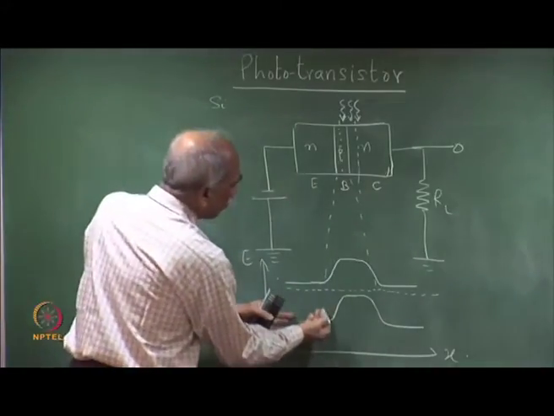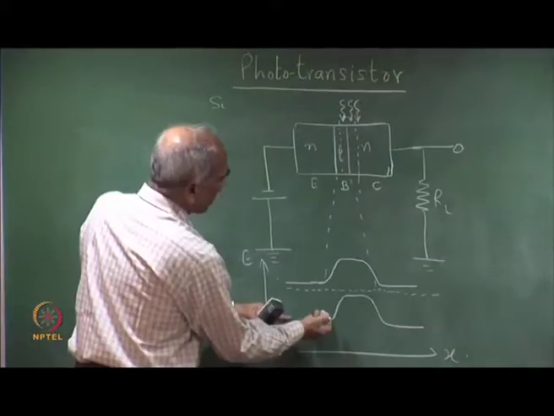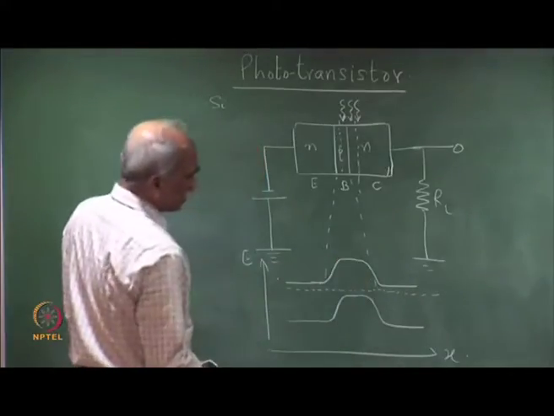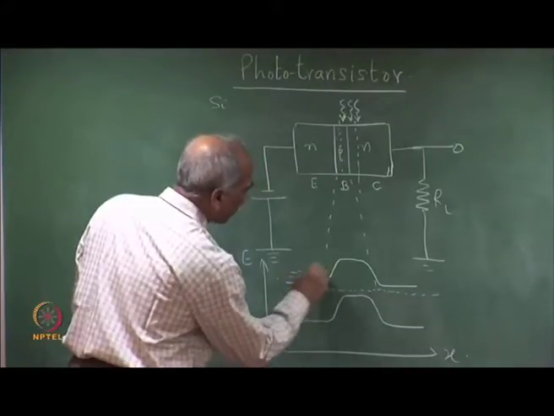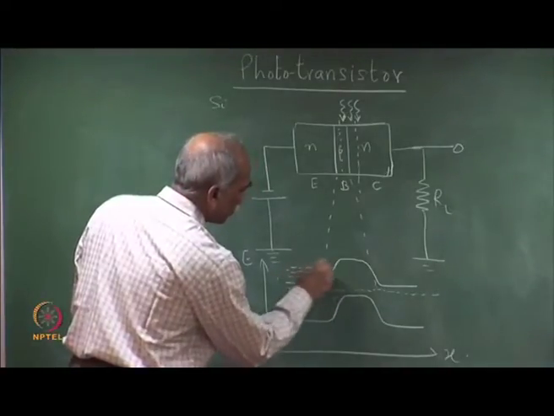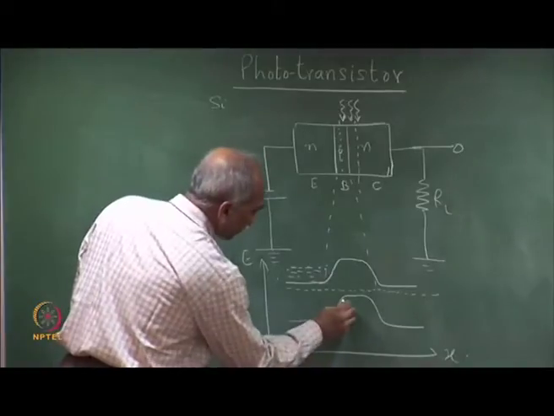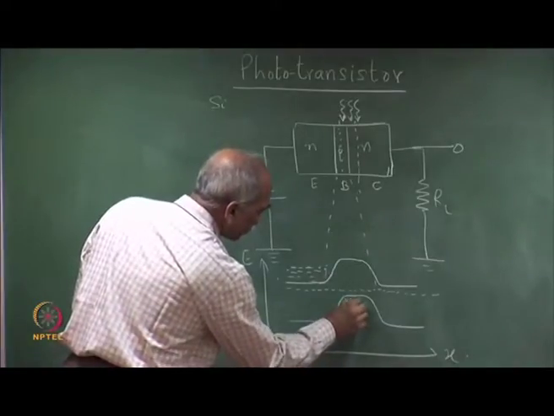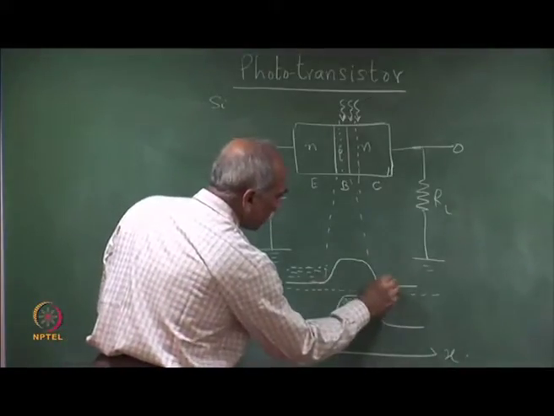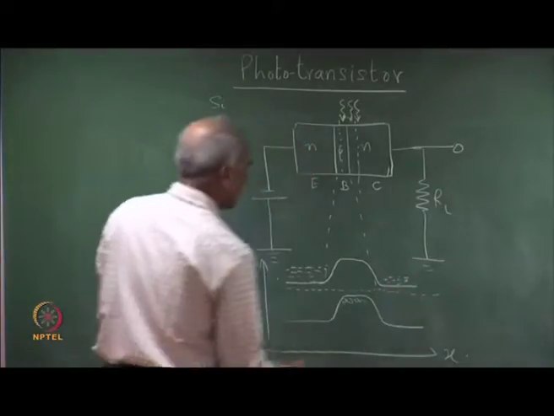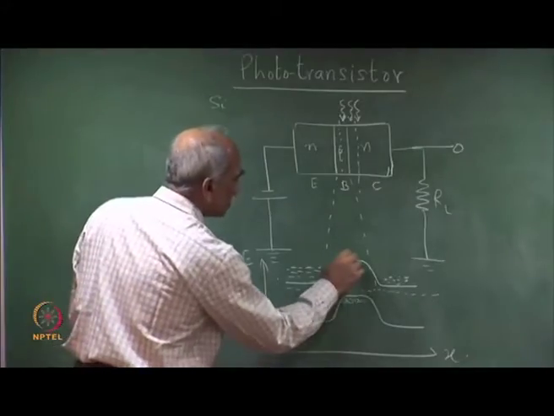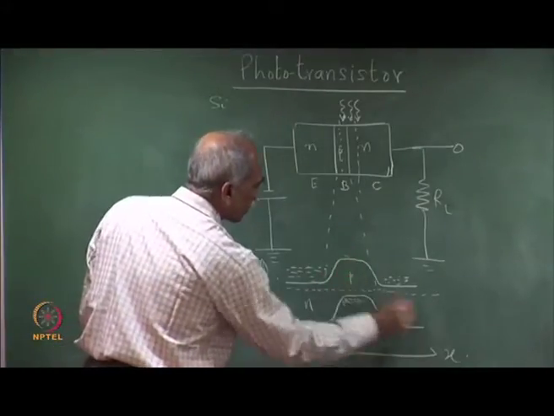So, this end goes up or this end comes down. So, it is a relative bias. So, you have plenty of electrons here, there are holes here, and again there are plenty of electrons, because this is n side. So, this is N, this is P and this is N.